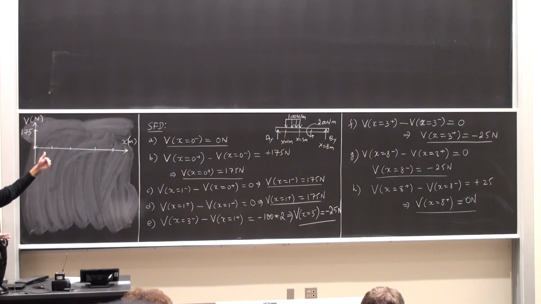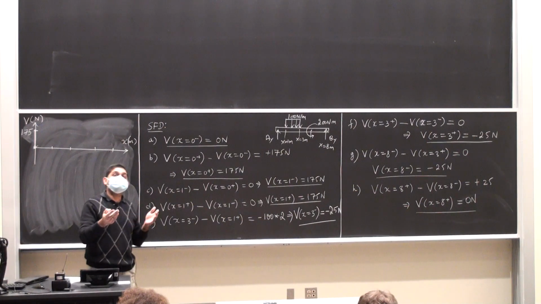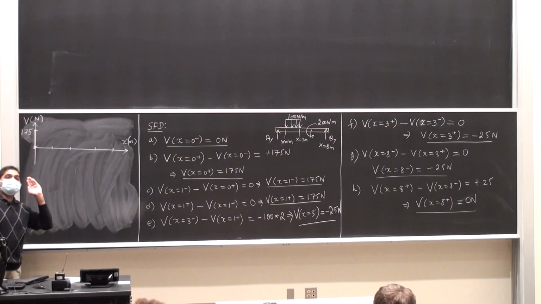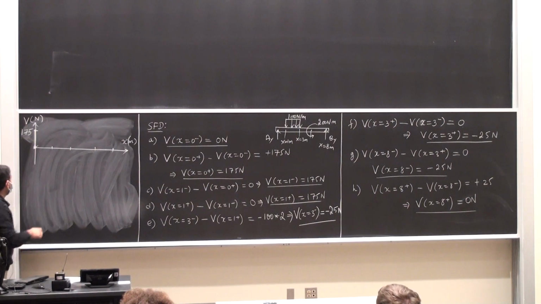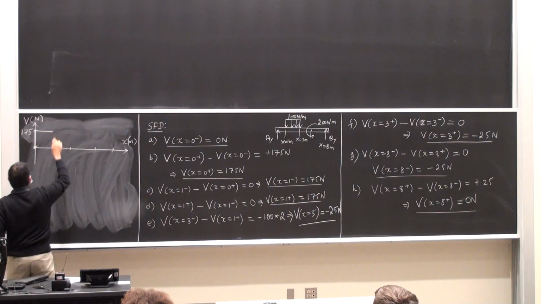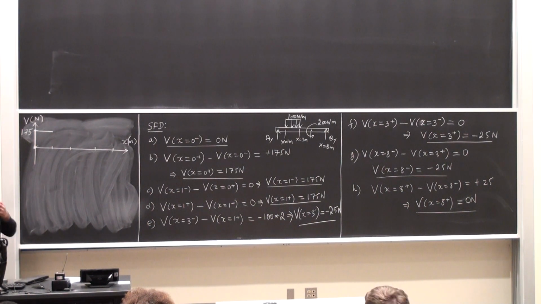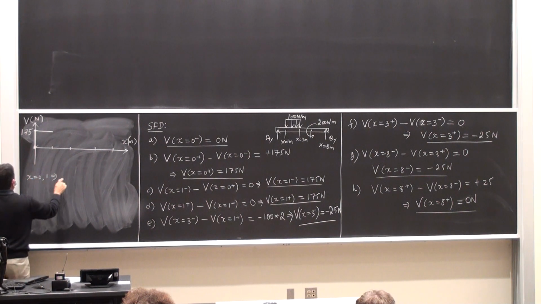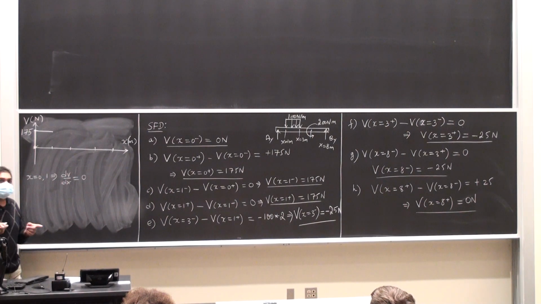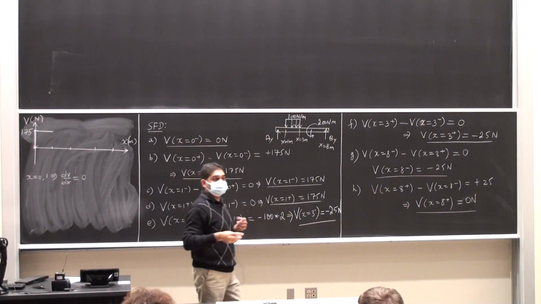Between 0 and 1, I don't see any distributed load, which means that the slope of the shear force diagram, which is the magnitude of the distributed load, is equal to 0. So I'm just going to go as a straight line. Okay? So this is one here. Does this make sense to everybody? So between 0 and 1, dV by dx is 0 because there is no load intensity there.